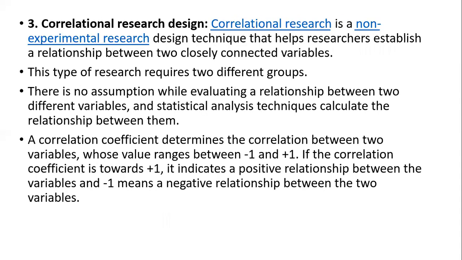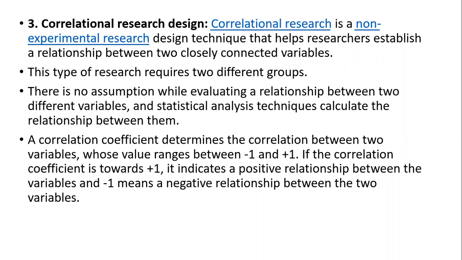Correlation research design is a non-experimental research design. It is a technique that helps researchers establish a relationship between two closely connected variables. Here we require two different groups. There is no assumption while evaluating a relationship between two different variables, and statistical analysis techniques calculate the relationship between both of them.